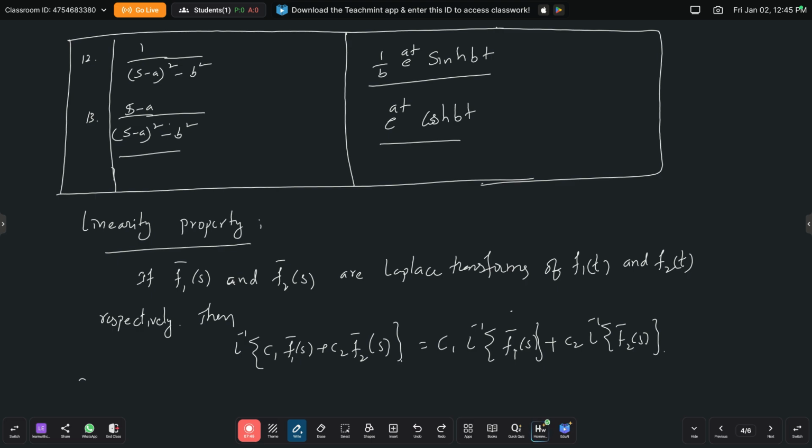Next, linearity property. If f1 bar of s and f2 bar of s are Laplace transforms of f1 of t and f2 of t, then L inverse of c1 f1 bar of s plus c2 f2 bar of s equals, here I am writing the linearity property, meaning constants I am taking out, c1 L inverse of f1 bar of s plus c2 L inverse of f2 bar of s.